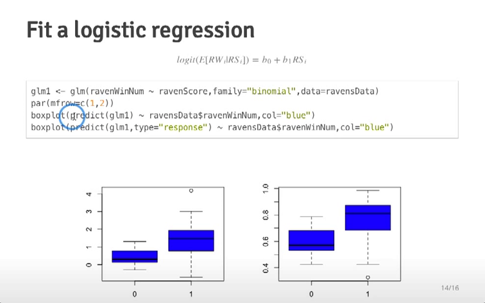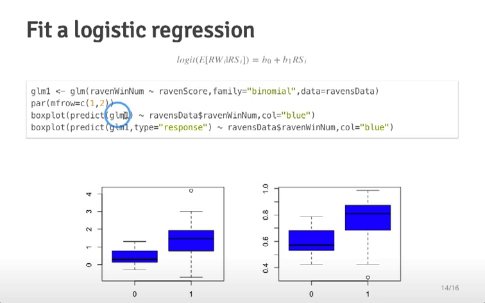So if I do a box plot of the predicted values from the GLM, when I do predict of GLM here, and I don't actually include a new data set to test on, it just predicts values for the actual observations in the training set.